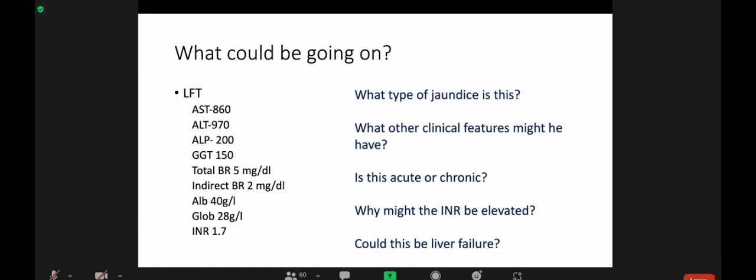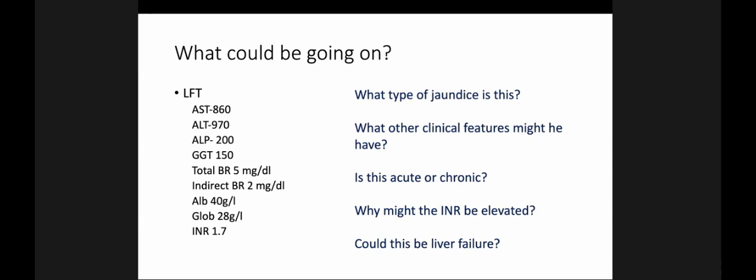Why won't the albumin go down in acute liver failure? I assumed it takes some time for it to cycle through. Yes, so that is the reason, right? So albumin has a long half-life, right? If I remember right, it's about 18 days. So it takes time for it to fall.